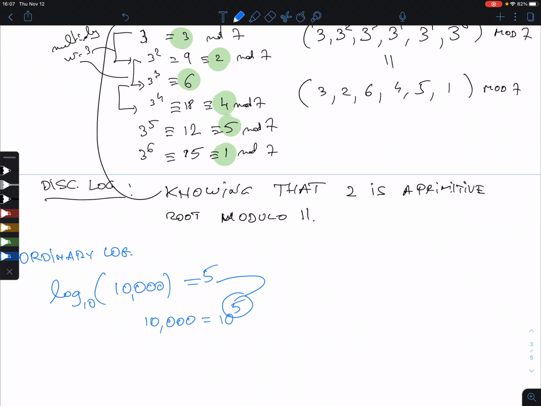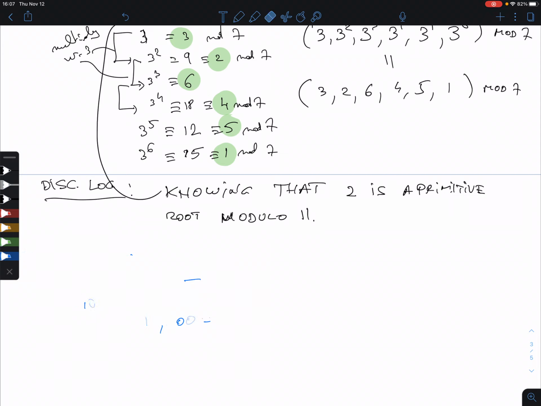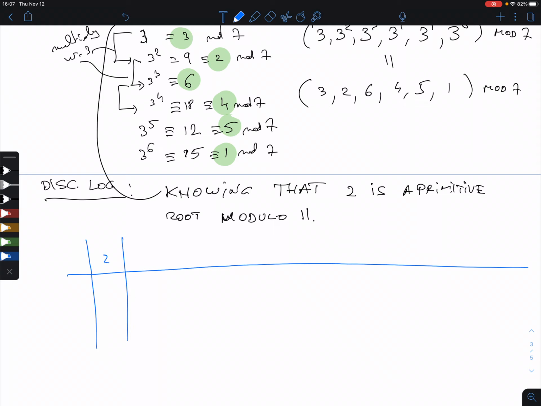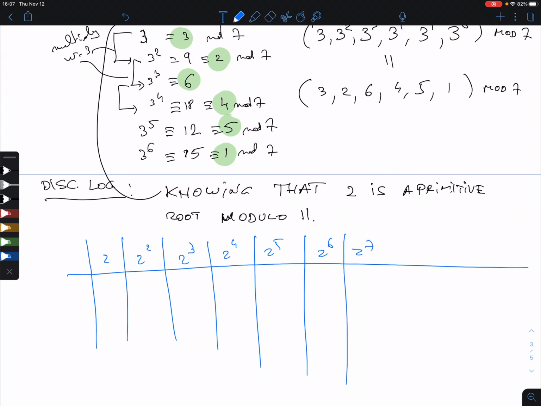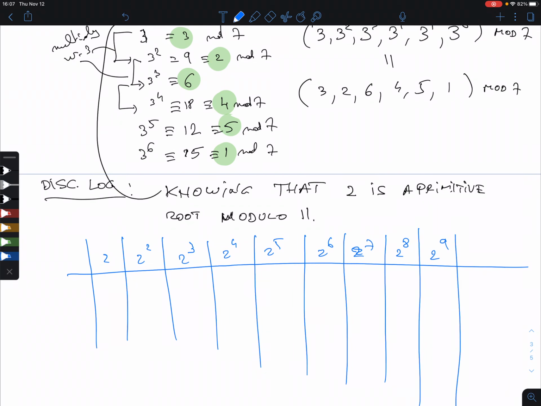So, let me solve the problem and you will see what I mean. Perhaps it's a bit easier if we make our list vertical. So here I'm going to put 2, 2 squared, 2 cubed, 2 to the 4th, 2 to the 5th, 2 to the 6th, 2 to the 7th, 2 to the 8th, sorry, my 2 is getting uglier and uglier, 2 to the 9th, 2 to the 10th.